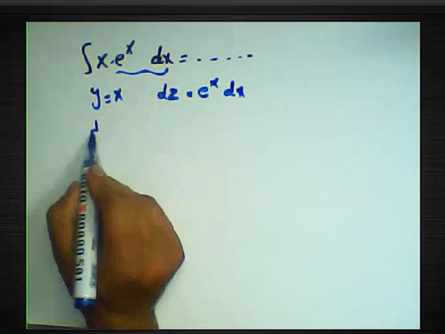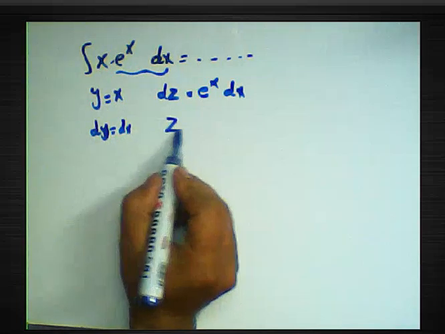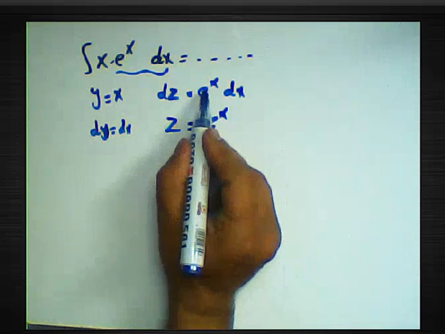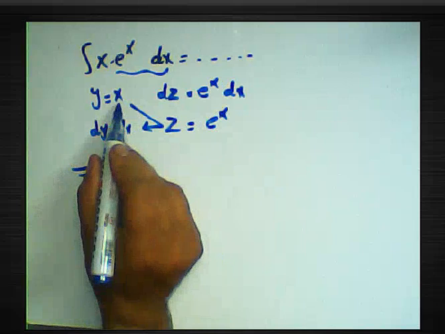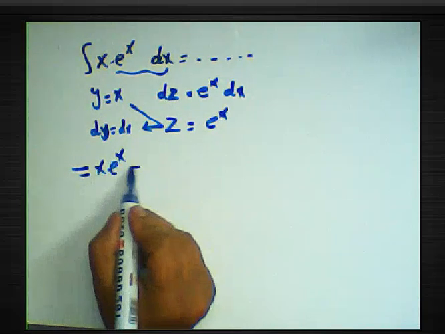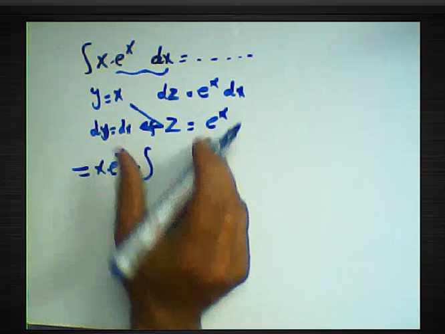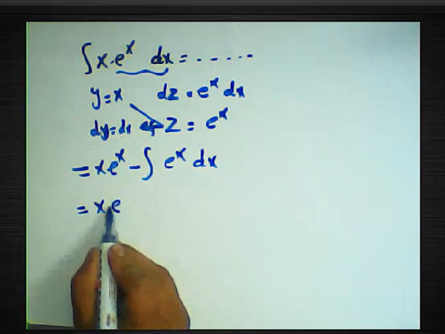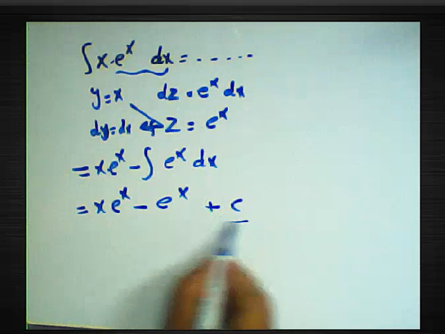The derivative of y will be dy over dx, and dz gives z equal e^x, the integration of e^x is e^x. And x multiplied by e^x, subtract the integration of the two functions here, this function e^x dx. So you can write x e^x subtract e^x plus constant.